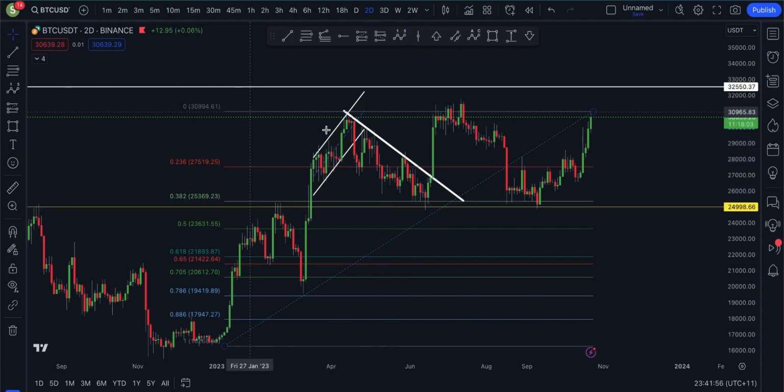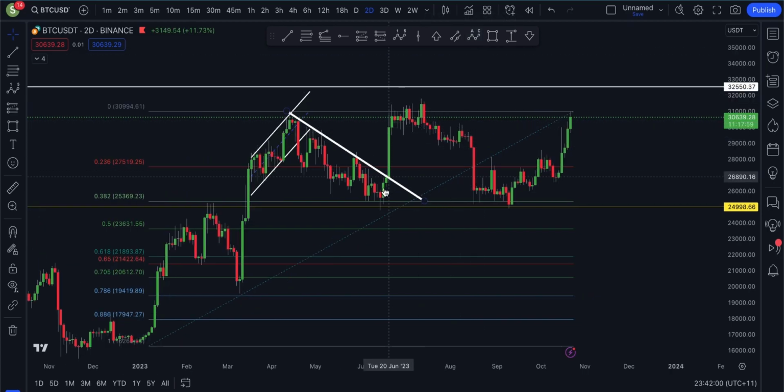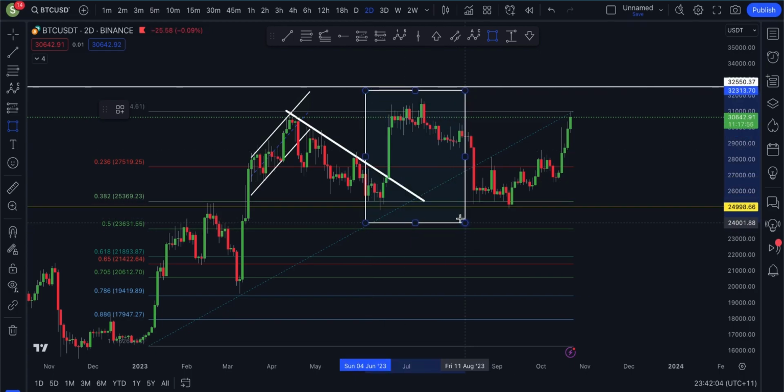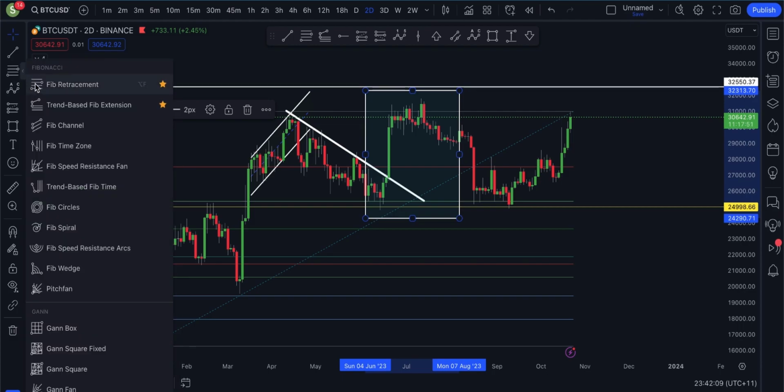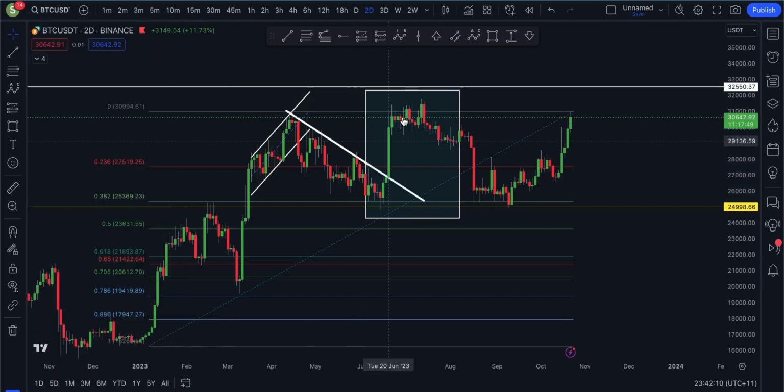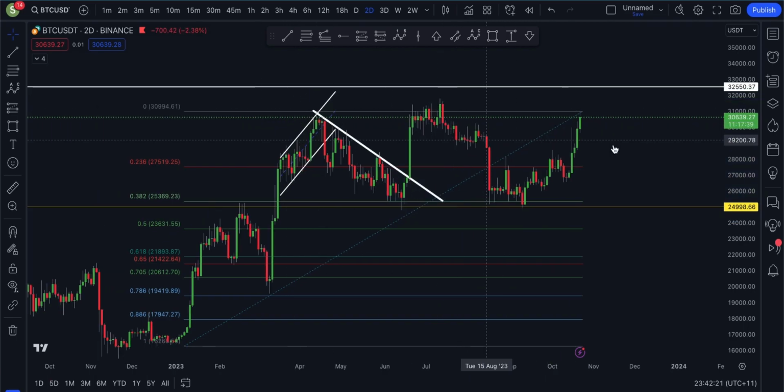Okay, so A wave has got 5 subwaves in it, which makes sense. If you're telling me that this particular structure is the fifth wave, I cannot clearly subdivide it into 5 subwaves because it's just too shallow to be the fifth wave, right?